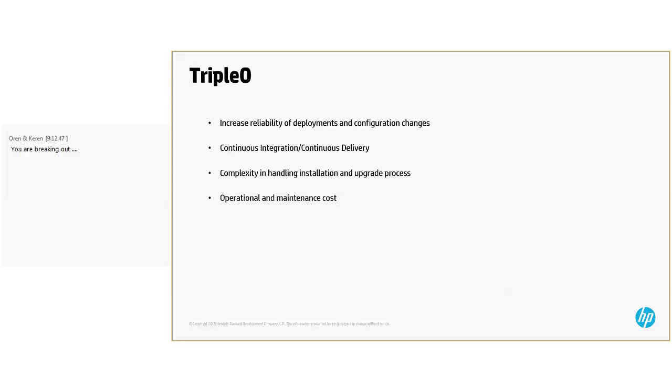The other one is continuous integration and continuous delivery. Before TripleO came into the picture, OpenStack is a cloud community where there are 1,600 plus developers implementing code for OpenStack, each a small part of code for OpenStack projects, and they send their patches into the upstream OpenStack.